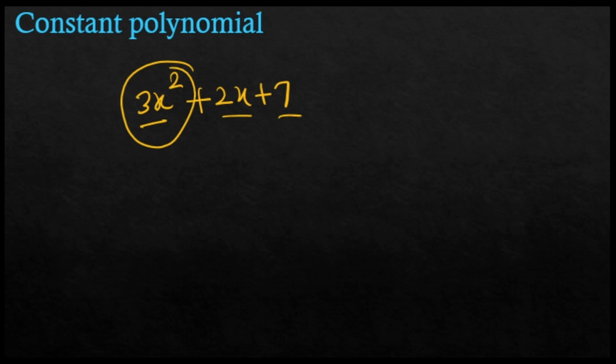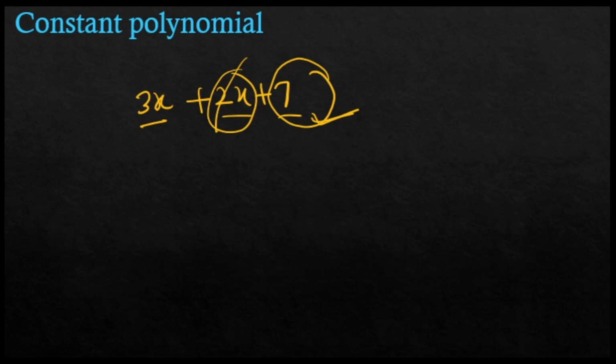Now we are going to learn about the constant polynomial. What is a constant polynomial? In an earlier example, I showed you expressions like 3x² + 2x + 7. These have 3 terms. Suppose I do not write the first two terms, then what is left behind? Only a single term, 7.